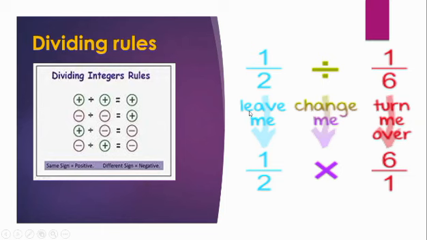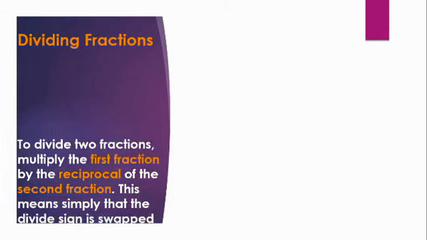So the rule or the formula for dividing fractions: the first fraction we leave without change, and the division will change to multiplication, and flip the second fraction upside down. Now in detail, dividing fractions.